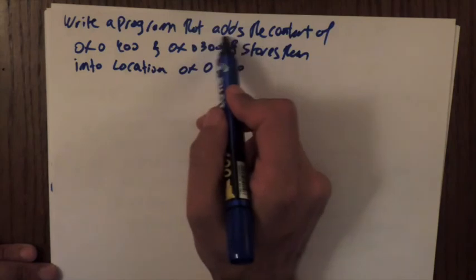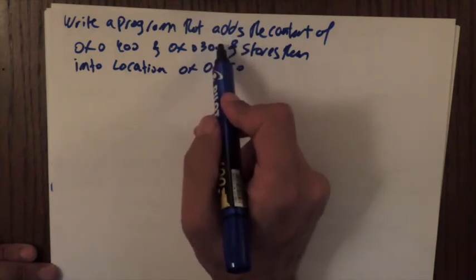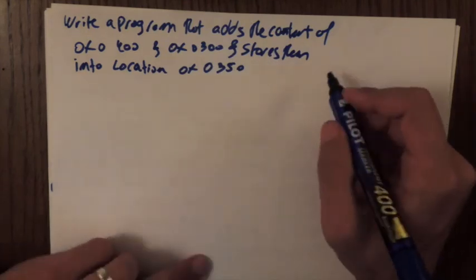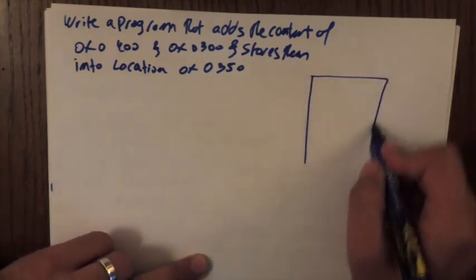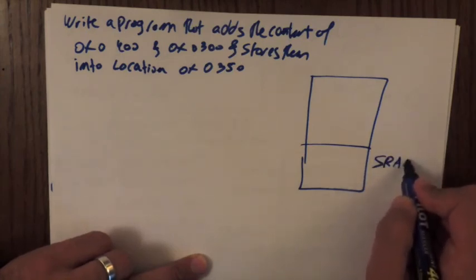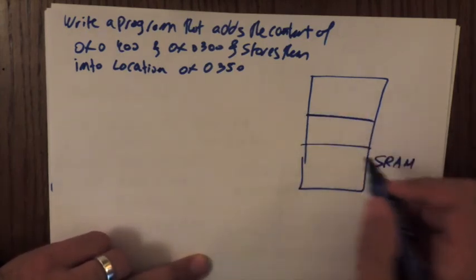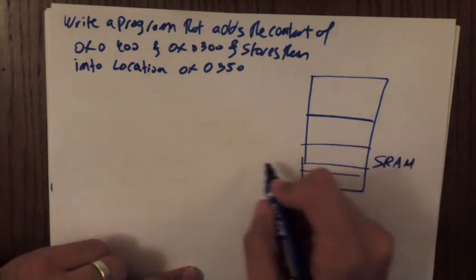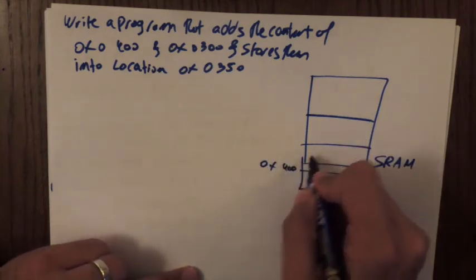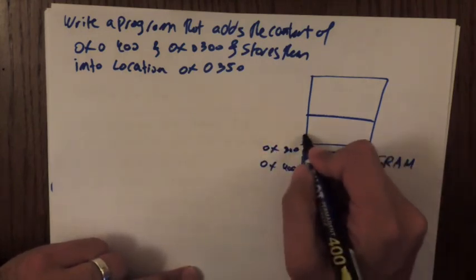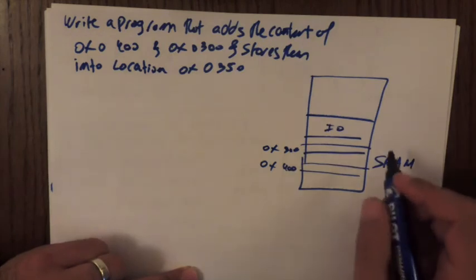So first, here I have addition. From this I know that I need to read the values from the memory to the GPR. This is the SRAM, this is the I/O, I have no use for it now. So I have 0x400 and 0x300.